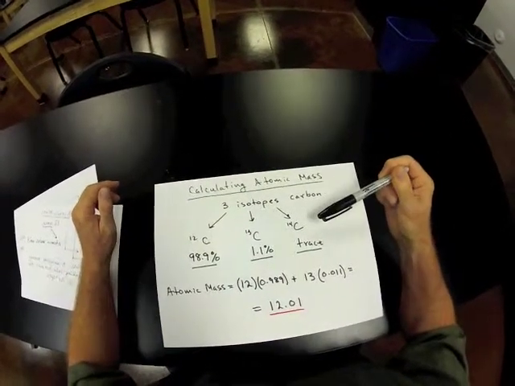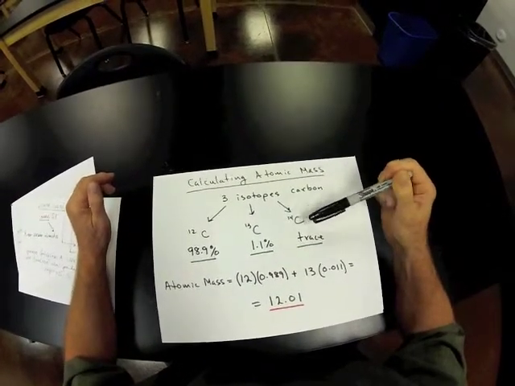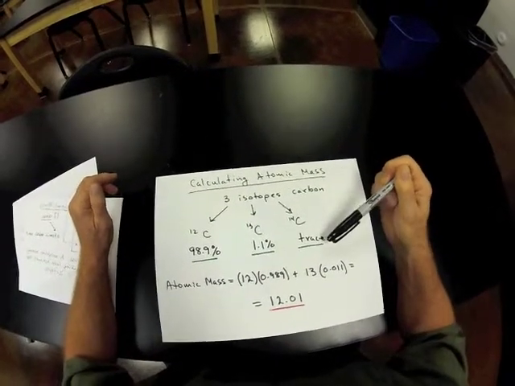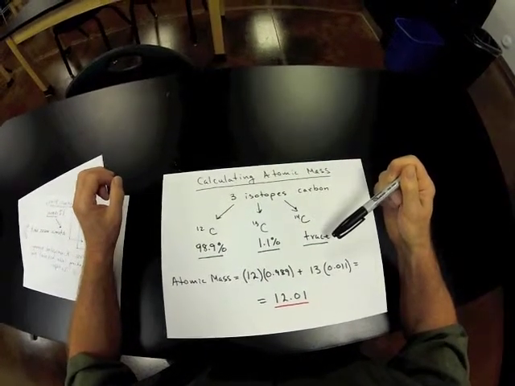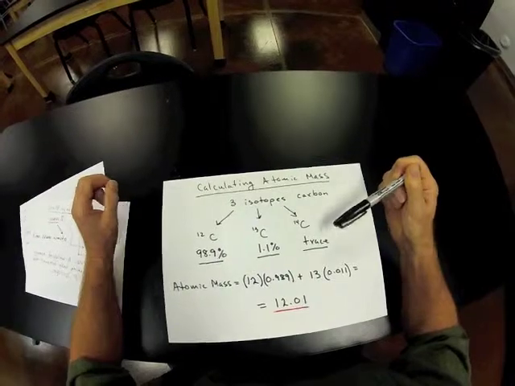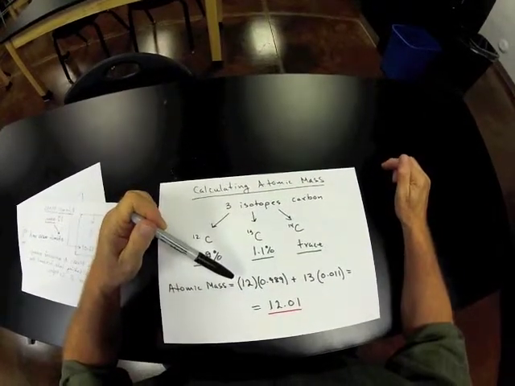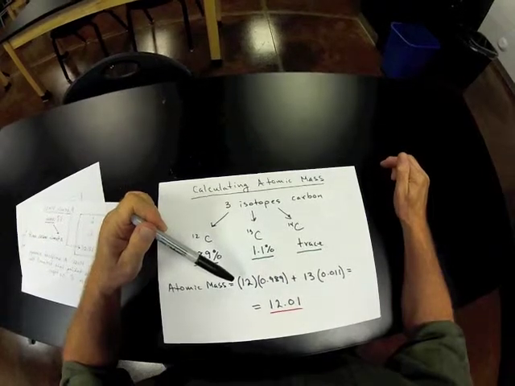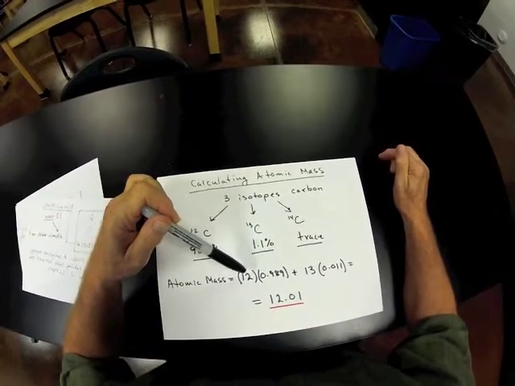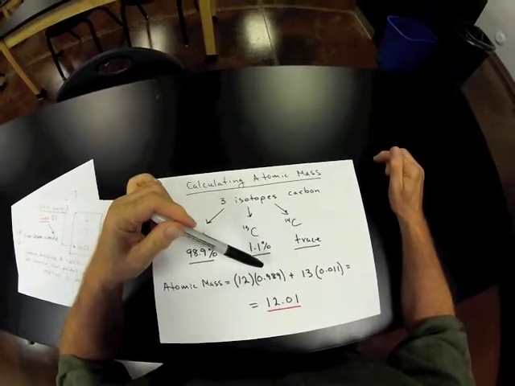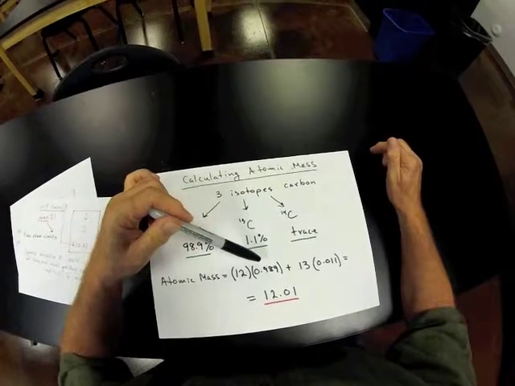C14 also occurs in trace amounts. For the sake of this presentation, we're going to go ahead and ignore it because it's present in vanishingly small amounts. So how do we find a weighted average? The vast majority of carbon found in the crust of the Earth is in the form of carbon-12. So we write down its mass, which is 12. Then we multiply by its abundance, which I've done here by dividing 98.9 by 100.